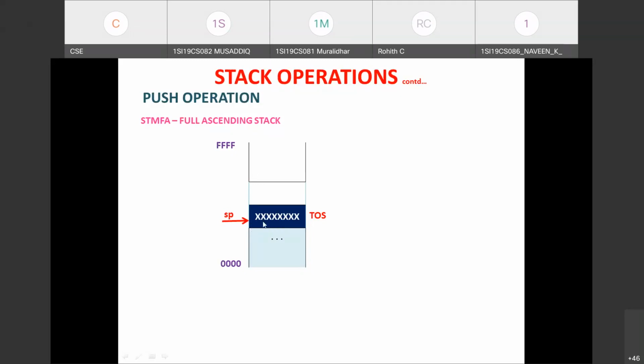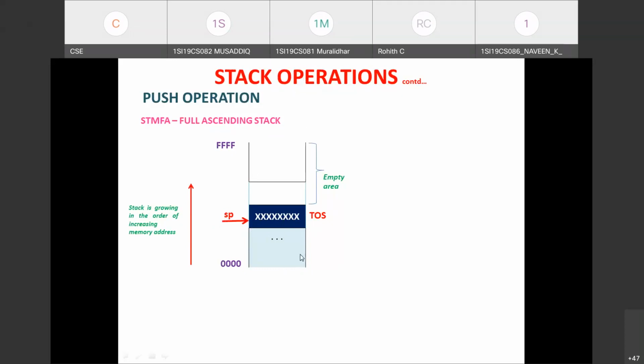Assume some data I have written in general as XXX. Some data is there at the top of the stack. So SP is pointing to the last element inserted in a full stack. Ascending stack means the stack grows in the order of increasing memory address. That is the meaning of ascending stack.